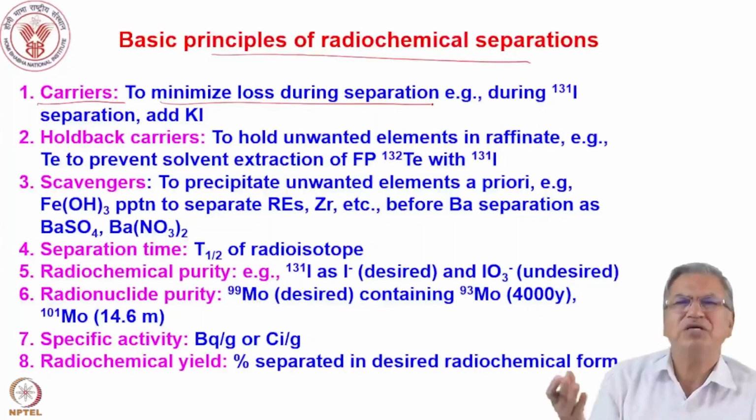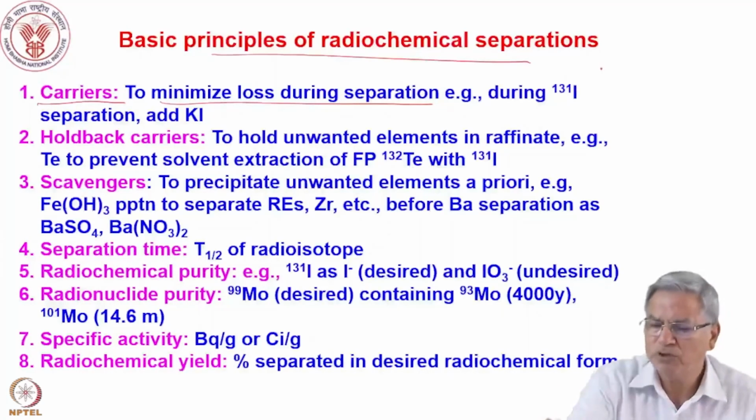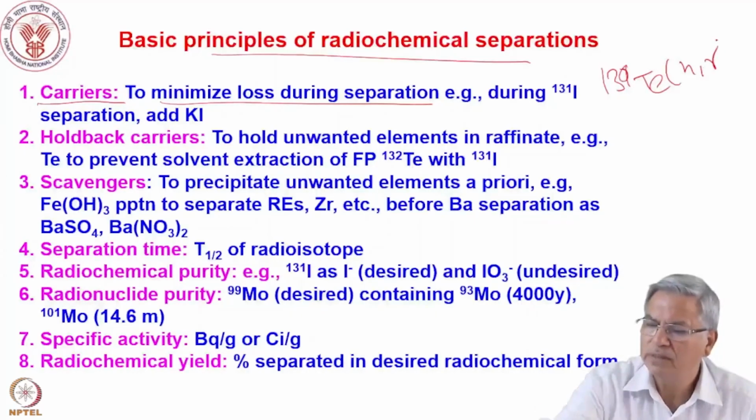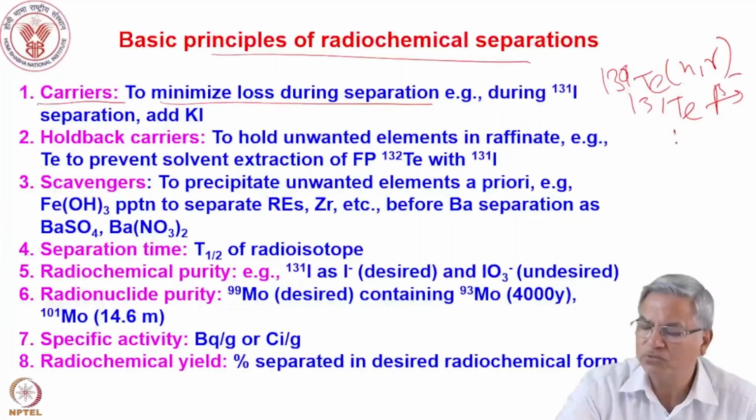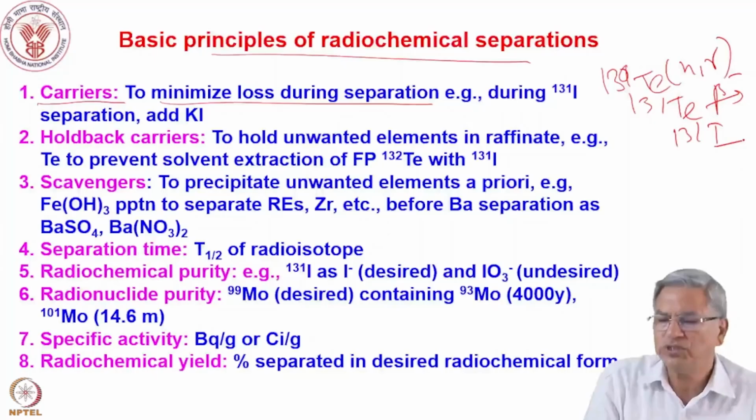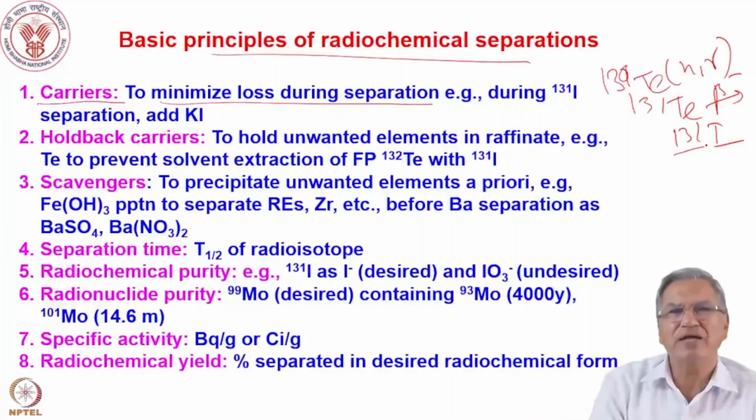If you have, let us say, 1 million atoms of an isotope like iodine 131 that you produce from tellurium, suppose you have tellurium 130, tellurium 131, and this undergoes beta minus decay to iodine 131. I discussed the other day in the radioisotope production. Now this iodine 131 is carrier free.